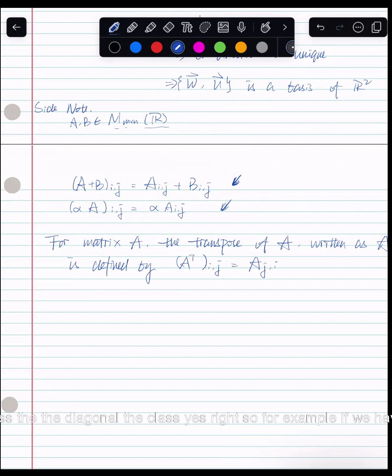So it's like across the diagonal. Yes, you flip it across the diagonal.